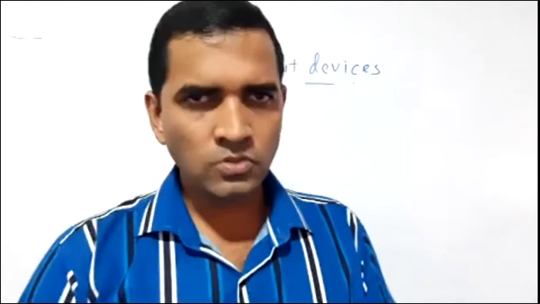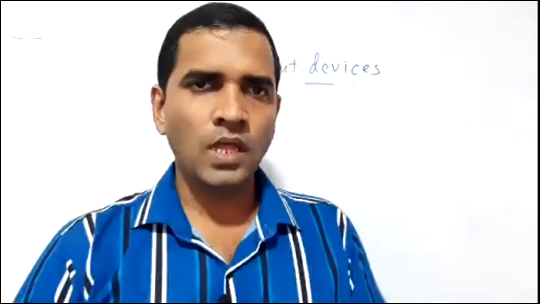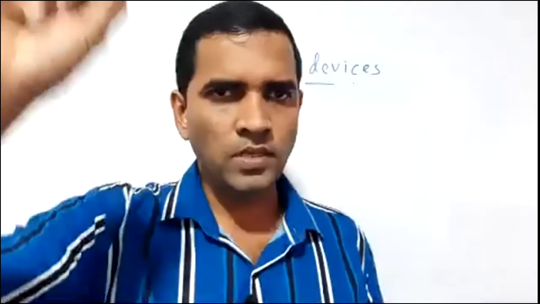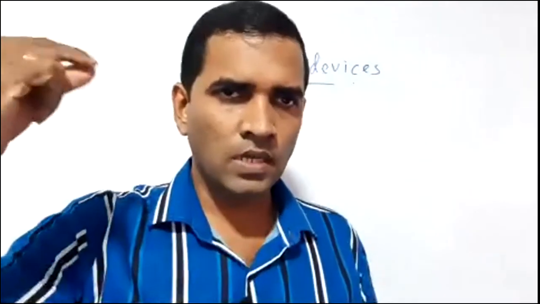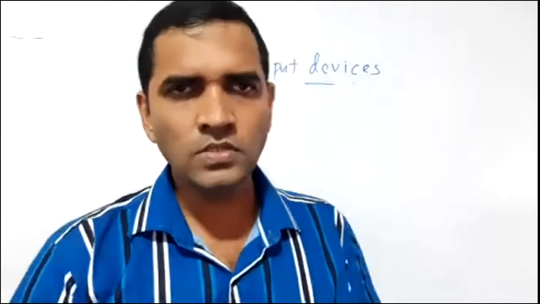Look, you can use a mouse. Most of you have experience with the mouse. So what happens when you use a mouse? When we use a mouse in order to do some actions, we point at some objects and click on them. Imagine with a mouse, we cannot input data.